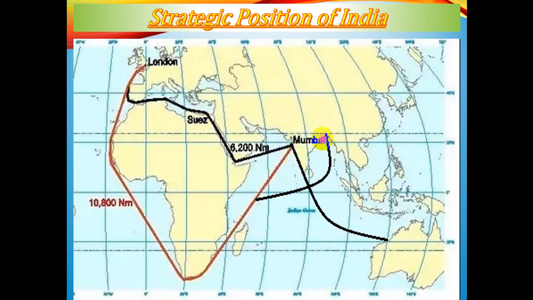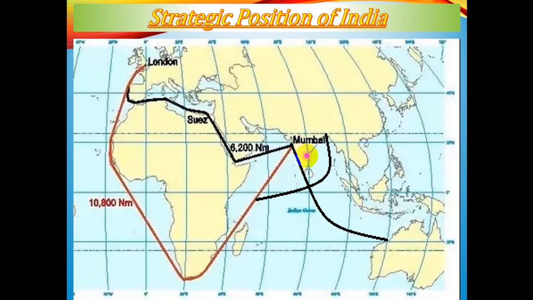This is the location of India. This is east of Asia, this is west of Asia. Now this part is the southern extension of this. So we term it the south central position of peninsular country India.